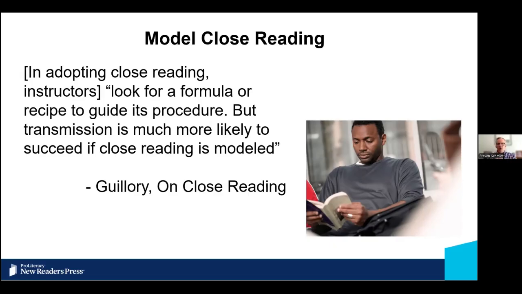So instead of looking for a formula or a recipe, Gilroy says, and I agree with him, transmission, or in other words, getting students to do close reading, is much more likely if you model it. In other words, you do that think aloud and show your students how to do a close reading. They will watch what you're doing. We don't have time to get into this in detail, but there are mirror neurons in our brains.